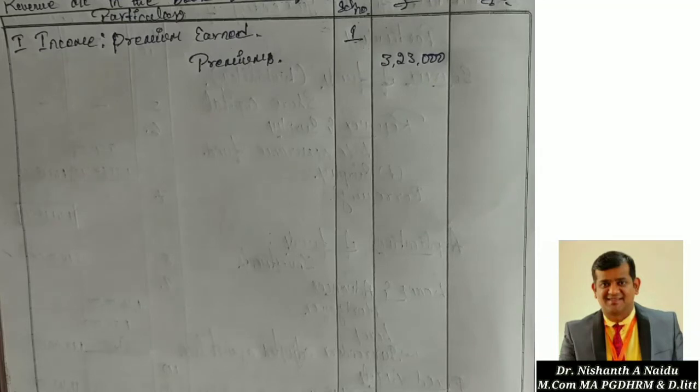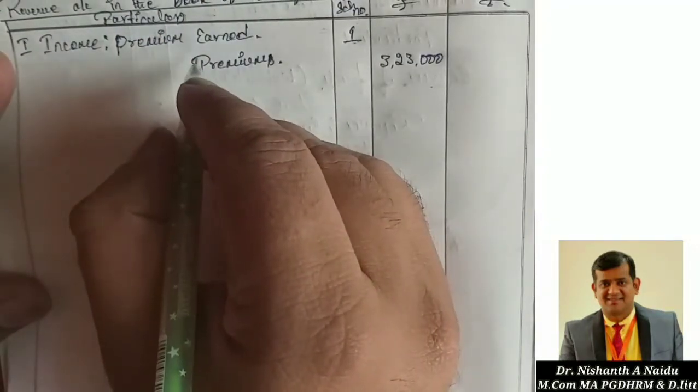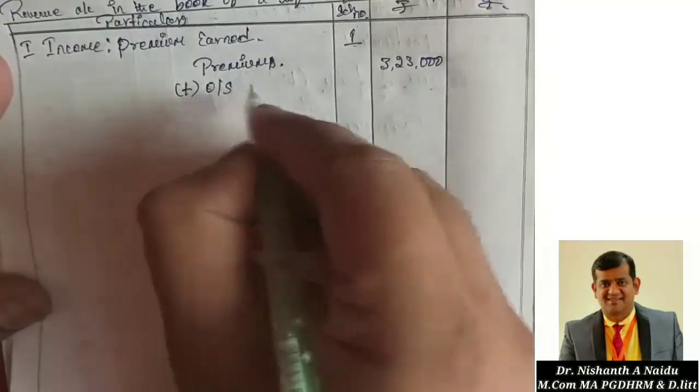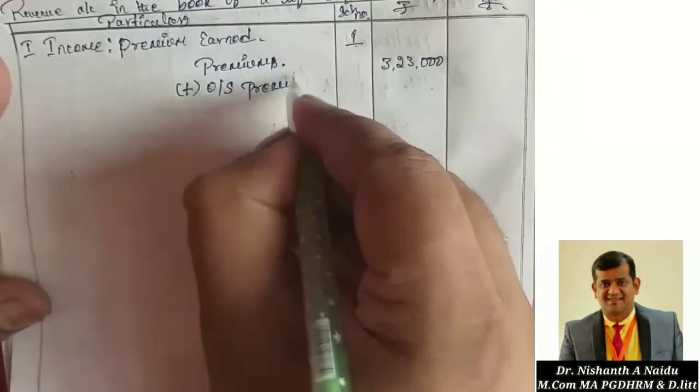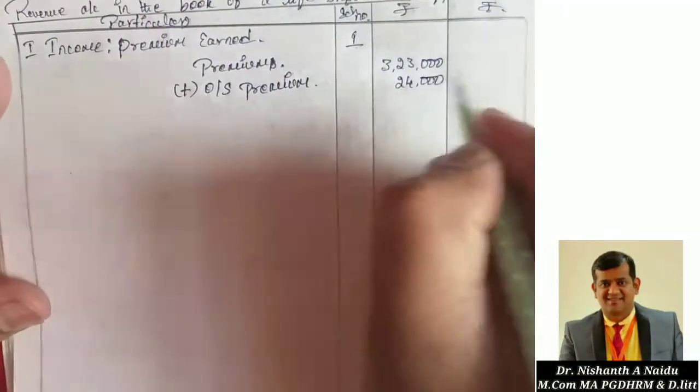So do you have any other items? Because you have already marked it, right? Related to premium, yes, you have adjustment number 4, adjustment D, outstanding premium rupees 24,000. So shall we add or deduct? Add, right? Fine. Add outstanding premium, 24,000 rupees.